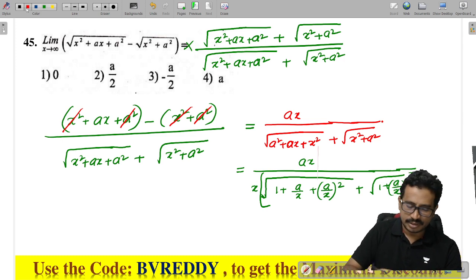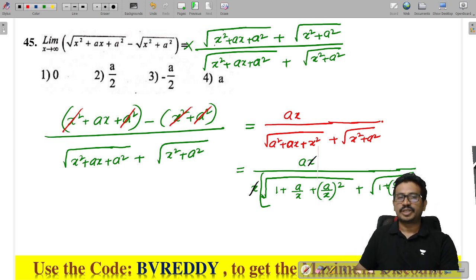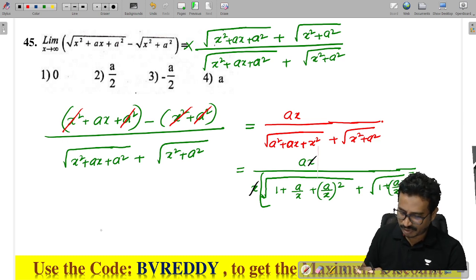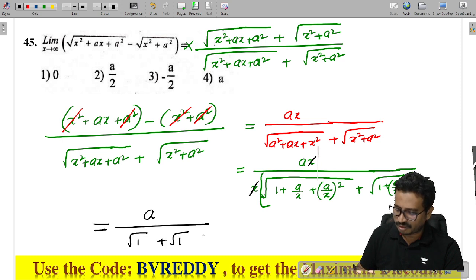The x will get cancelled. Now if you substitute limit x tends to infinity, what I will get is a by square root of 1 plus square root of 1, which is nothing but a by 2.